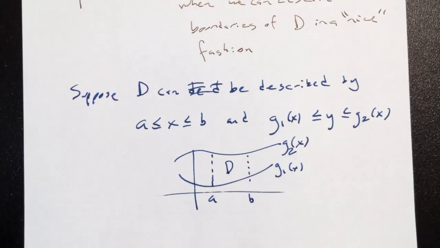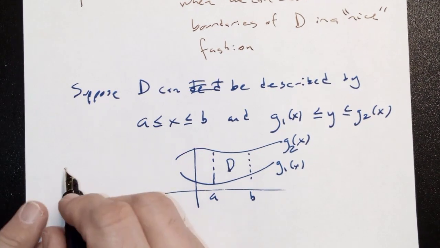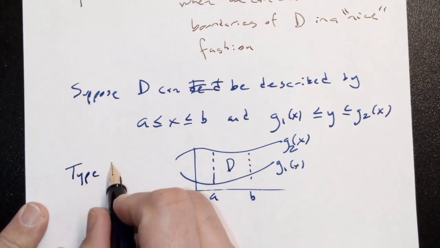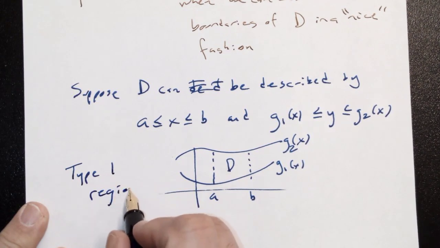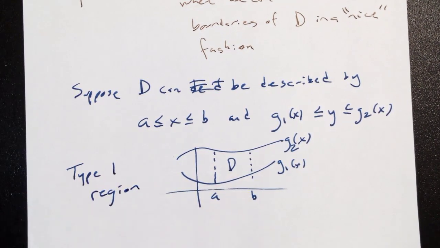That's not really a rectangle. I don't know what the bottom equation is. I don't know what the top equation is. But a region that looks like this, I'm going to call a type 1 region. And I claim that I can take Fubini's theorem and apply it here.